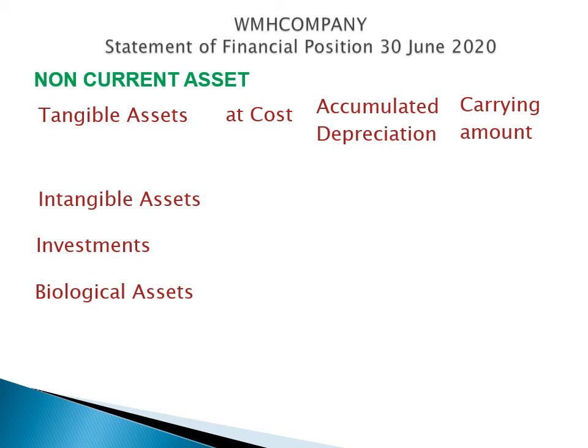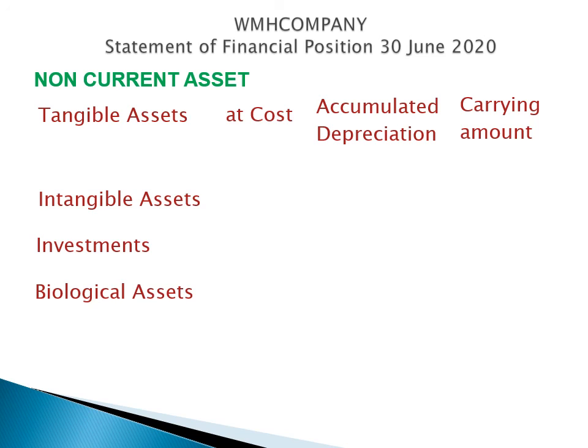For example, in the second year your office equipment has depreciated 2,000 ringgit, and the cost that you paid for that office equipment is 10,000. So 10,000 deduct with 2,000, then you will have the carrying amount or the carrying value of your office equipment of 8,000 ringgit.